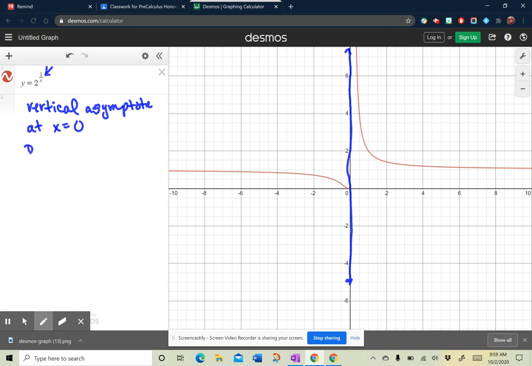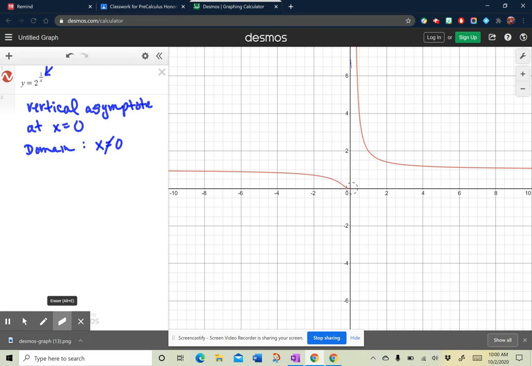Okay, so if we look at our domain, it seems to be all real numbers except x cannot be 0. Okay, now if we look at our range, this is going to be a little bit more difficult to kind of figure out.